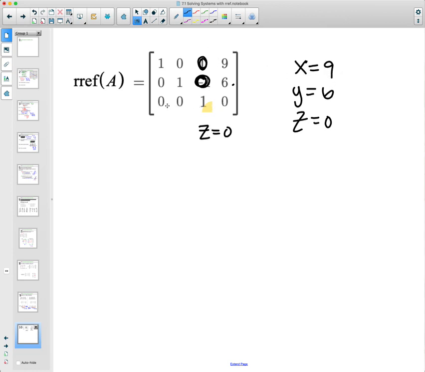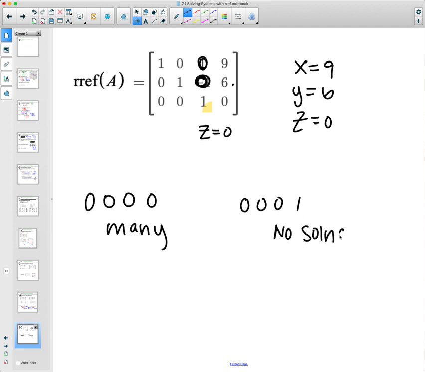It's only if this bottom row is all zeros that it's many solutions. Or if you have three zeros followed by any number here, it could be a 1, it could be a 7, whatever it is, this one is no solution. And if it's 0, 0, 1, 0, that just means z equals 0.